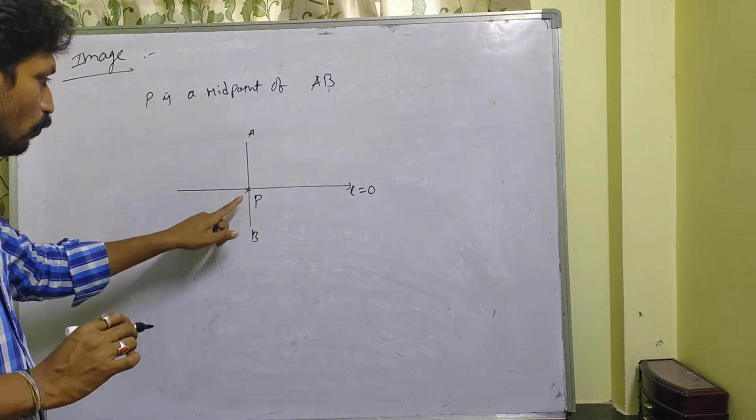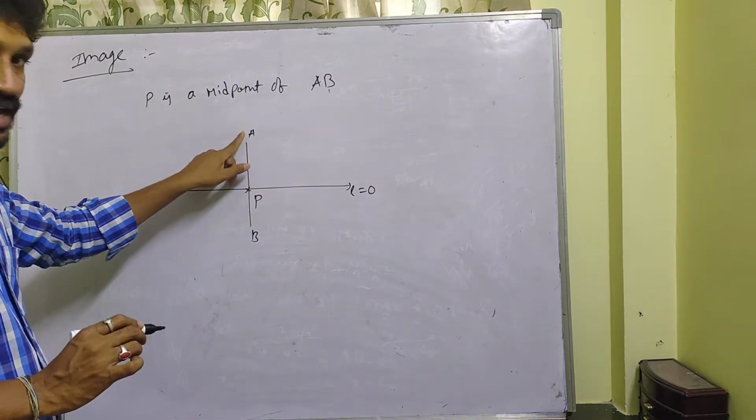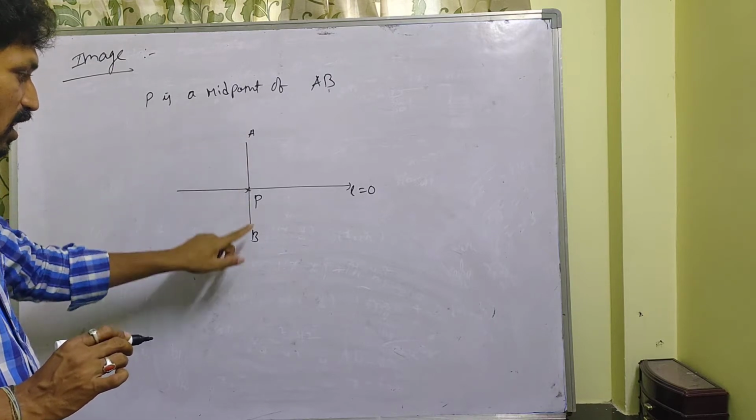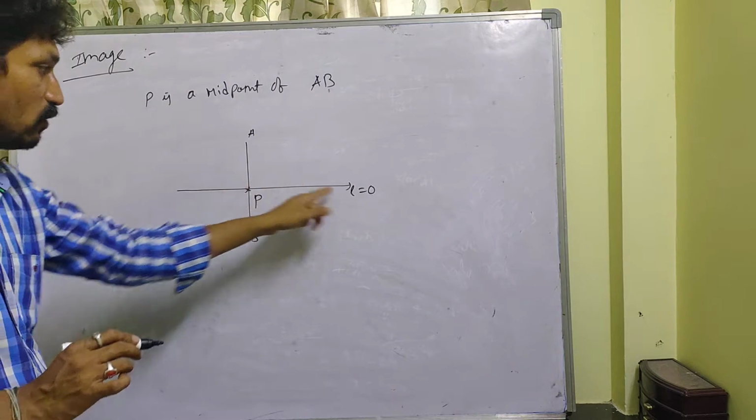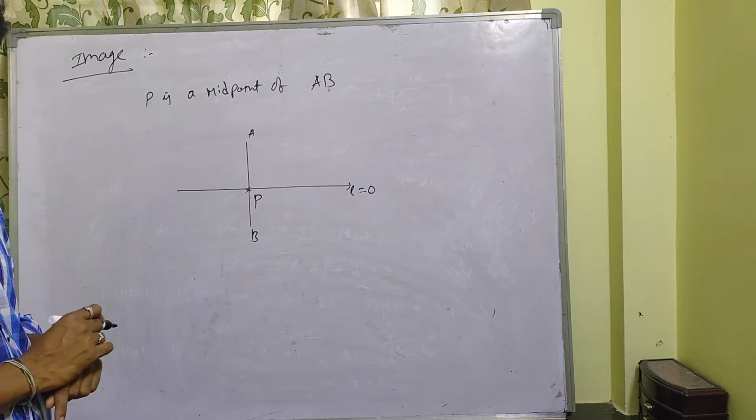Then we can say A is the image of B and B is the image of A with respect to this line L equal to 0.